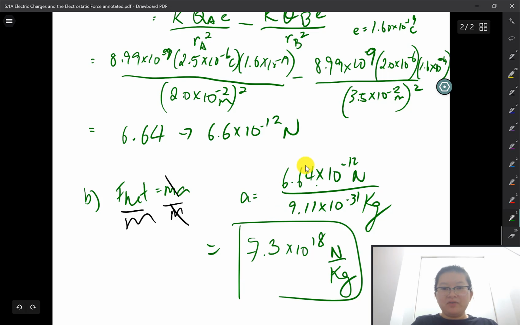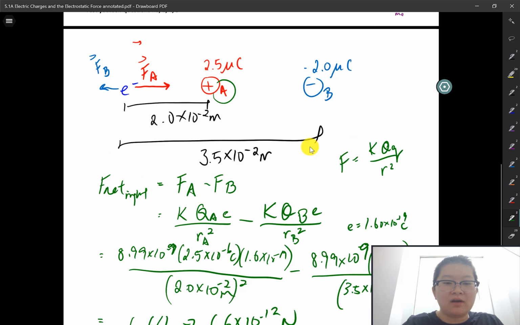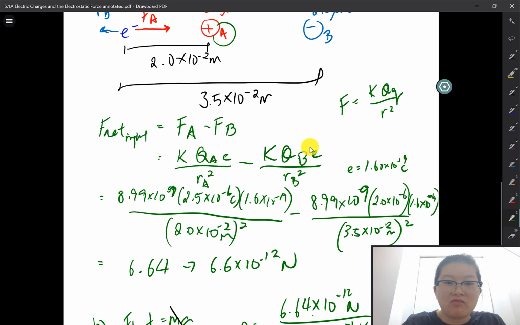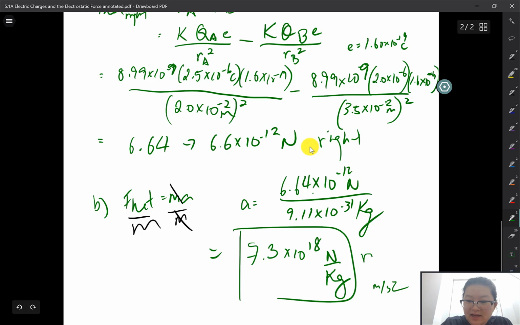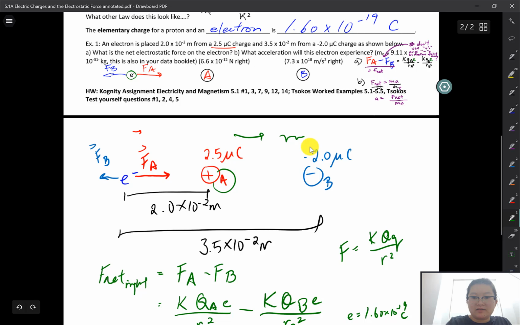And don't forget, for both of these questions, we need to specify directions since both numbers here are vectors. Since in my original diagram the electron is accelerating, moving towards the right, I'm just going to write towards the right for my direction. It's also specified in my diagram above.